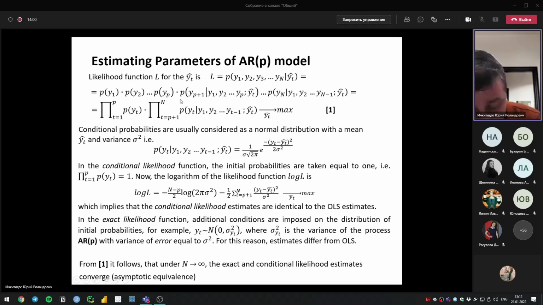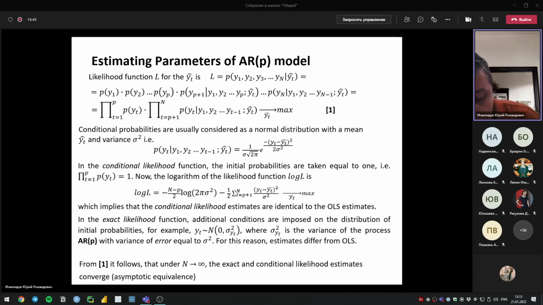Then we multiply this probability by the probability of y_{p+1} occurring, provided that the previous values are known and provided that they correspond to the capped Y model. So p here is the order of the autoregression model, n is our final sample size. There the probability is already considered provided that the previous values are known, provided that the model exists.